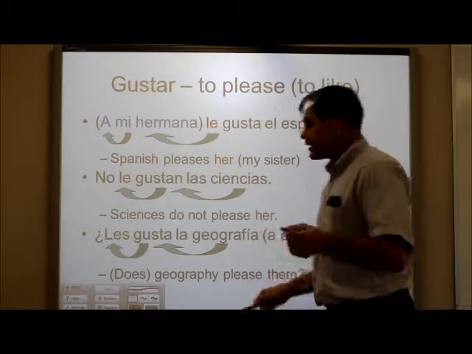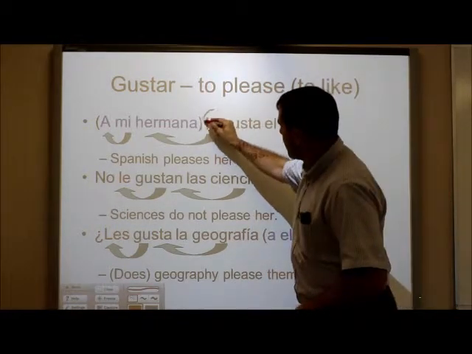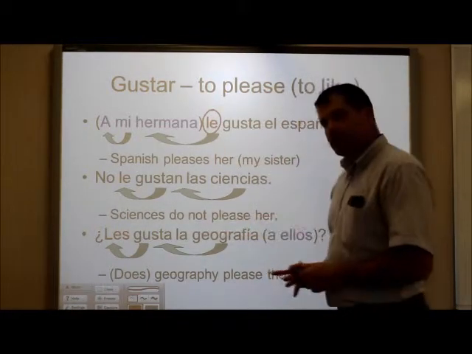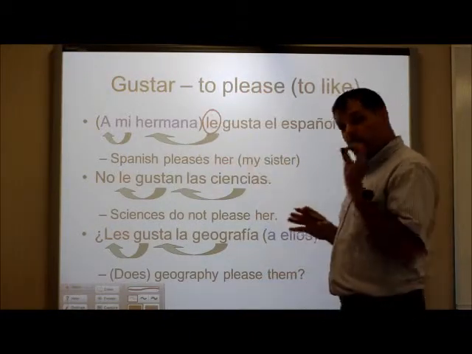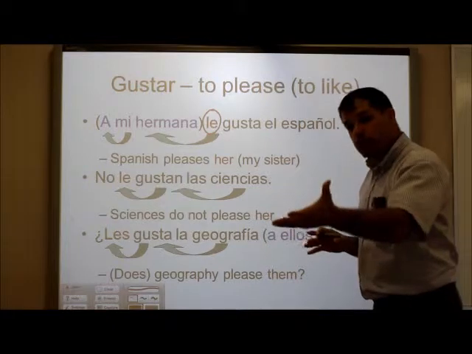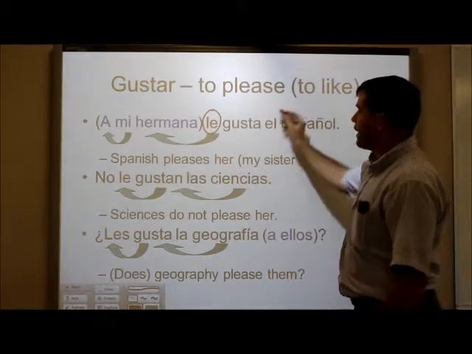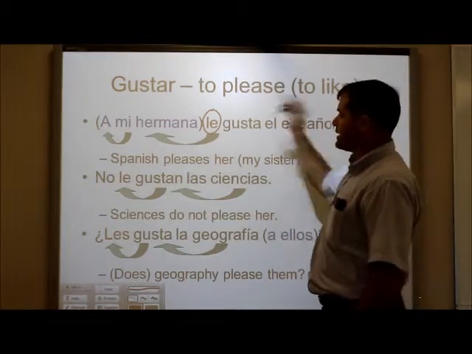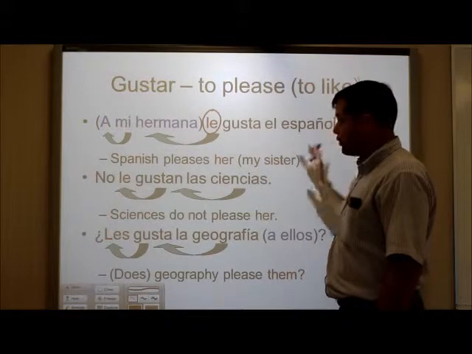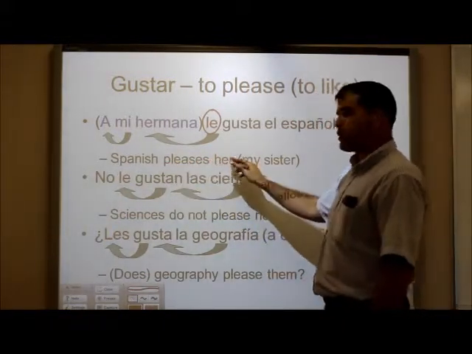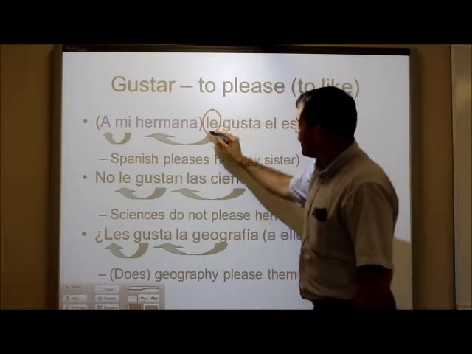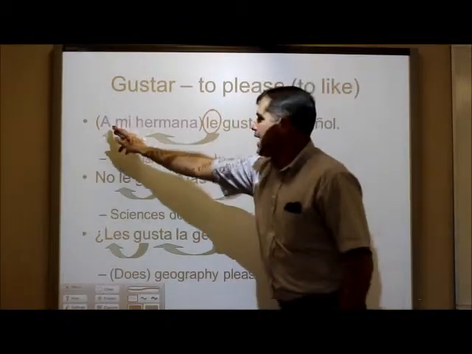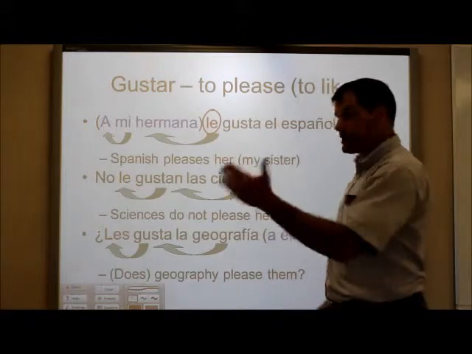As we mentioned previously, if my pronoun is a le, by that le alone we don't know if it's him, her, or usted, you. So if I say my sister likes Spanish, or Spanish pleases her, referring to my sister, then I can clarify that le by putting a mi hermana, to my sister.